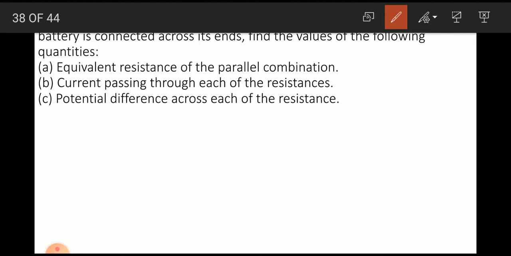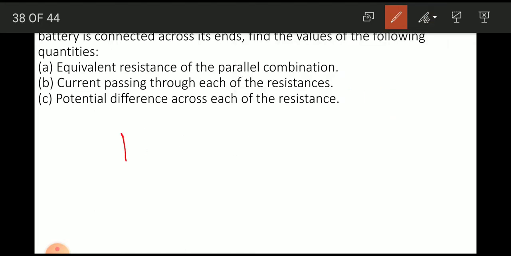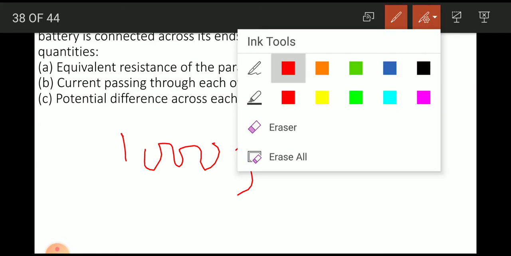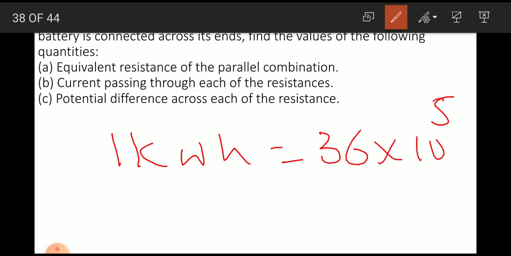Now, general question: how many watt hours are there in 1000 joules? We know that 1 kilowatt hour is equal to 3.6 cross 10 raised to the power 5 joule.